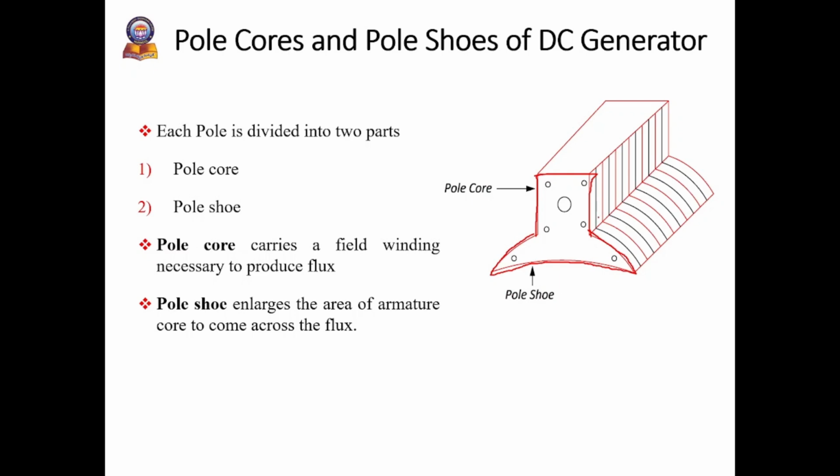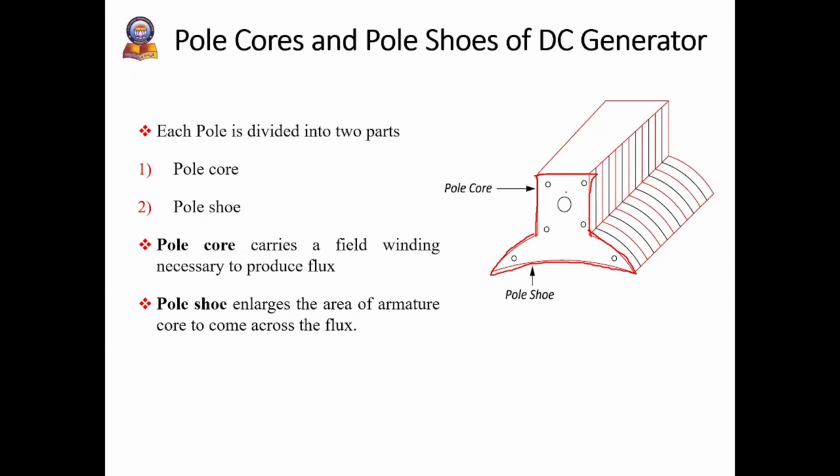This is also generally made up of cast iron or cast steel, and it has a laminated construction. This portion is called the pole core and this portion is called the pole shoe.